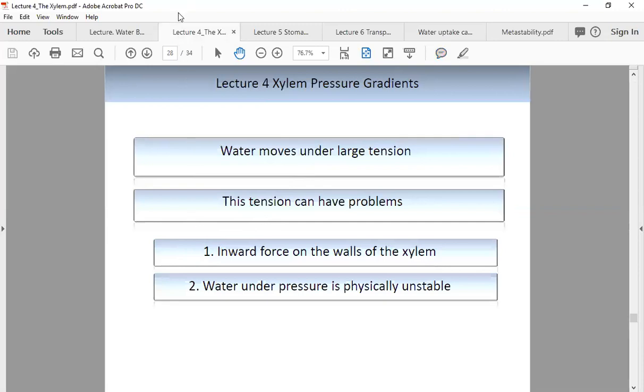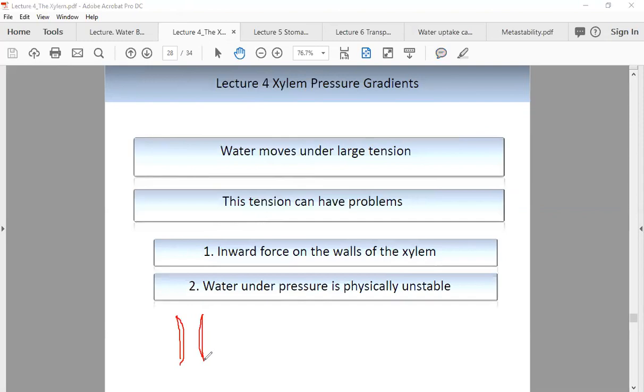If those are the walls of a xylem vessel element, then that tension causes the walls to curve inwards, because you can imagine that tension is like a suction force.